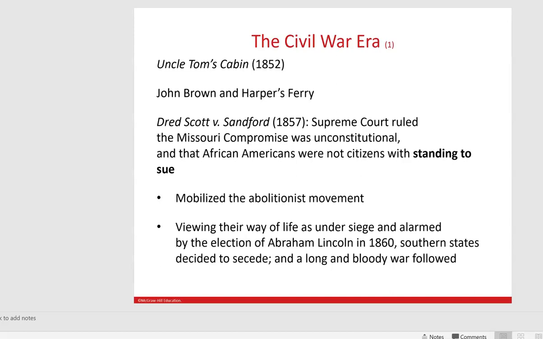They had no rights of citizenship, such as voting, being landowners, or the right to sue others in a civil case. Nonetheless, slavery, with all its horrors, continued and eventually was the precipice for the Civil War, which began in 1860. It was at this time that the Southern states decided to secede, and a long and bloody war followed.